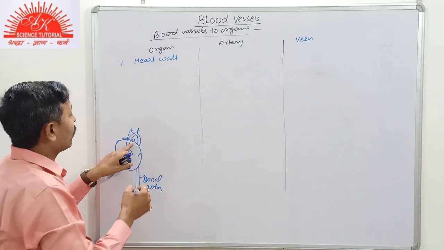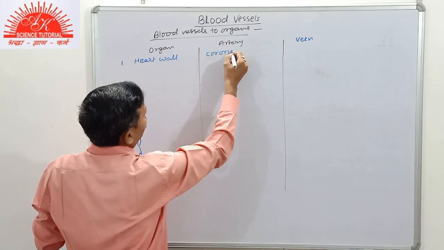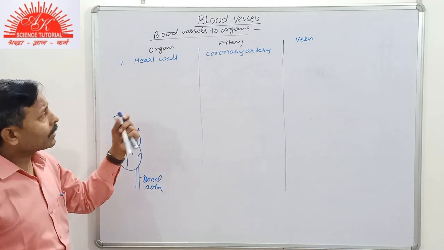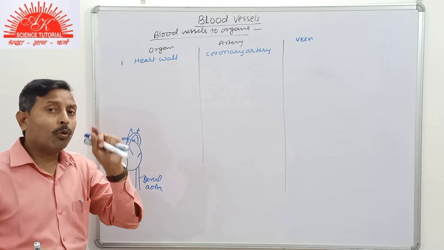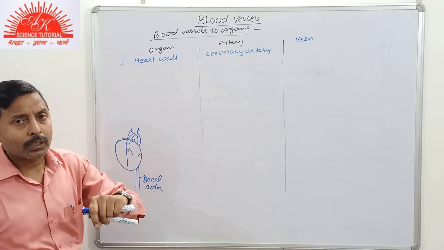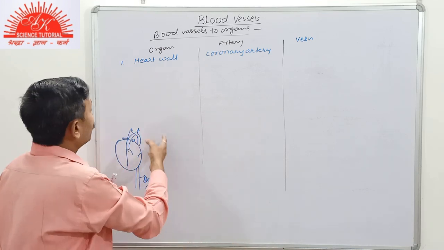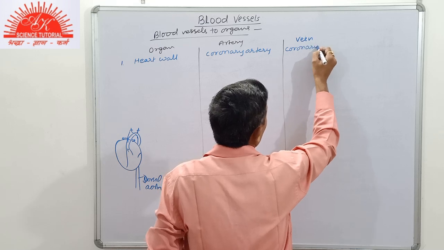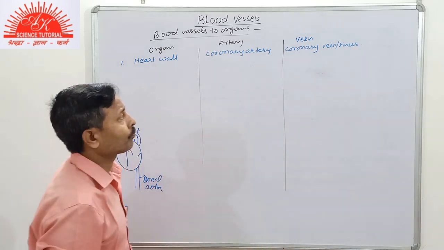The first branch from the aorta is the coronary artery. Actually, in blood circulation the blood was only entering and leaving through the chambers of the heart. Its own tissue was not deriving oxygenated blood or putting deoxygenated blood into it. So there is a separate channel through which it will receive and send the blood. And the blood vessel vein is the coronary vein or sinus, bringing blood from its wall.